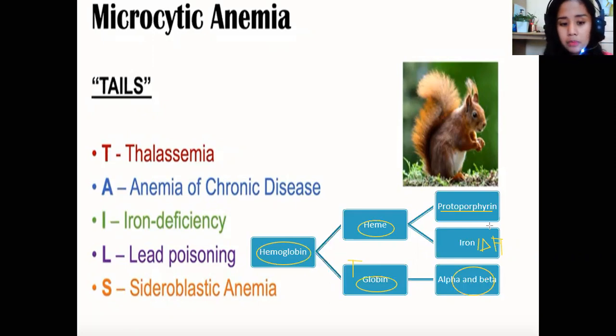Sideroblastic anemia is characterized by a nucleus. Sidero can point to iron. So in sideroblastic anemia class, there's no proper maturity. The red blood cell still has a nucleus. And class, since there's something wrong with protoporphyrin 9, the iron cannot attach to protoporphyrin 9.